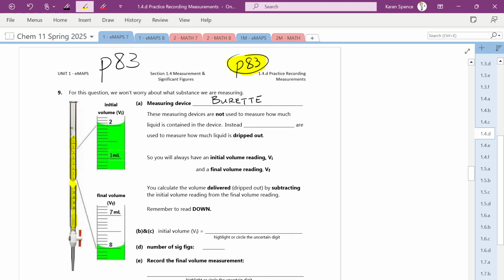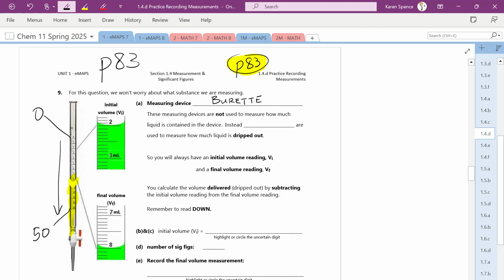But we would start at the top and we would let the liquid drip out so that eventually you have a smaller amount of liquid in the burette. Does that make sense? Now, up at the top, we have a 0 and we have a 50.